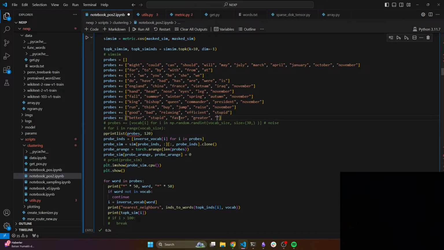No. Efficienter? No. Funnier. I don't think this is a word, but let's just use it. Stupider? No.